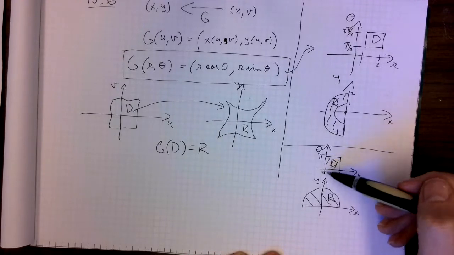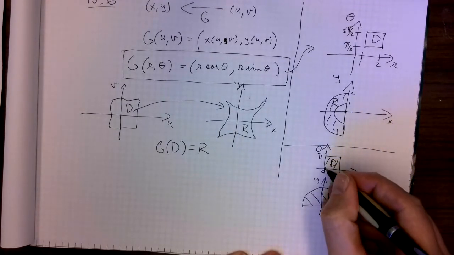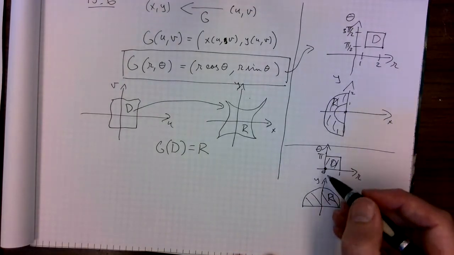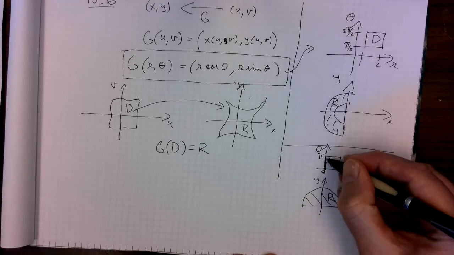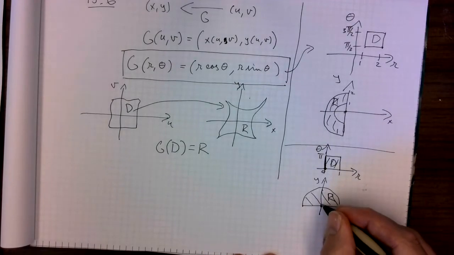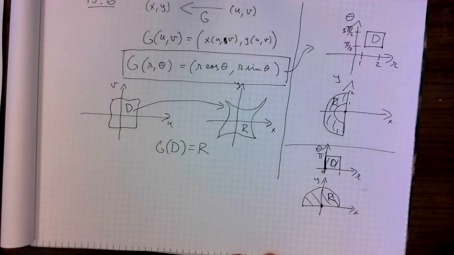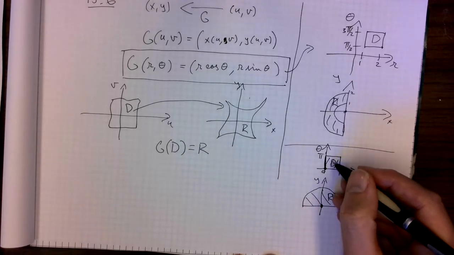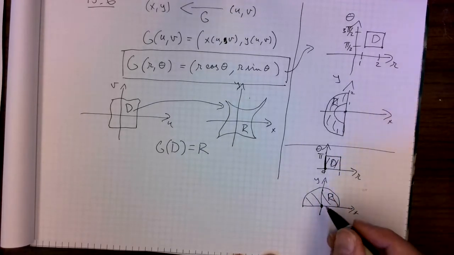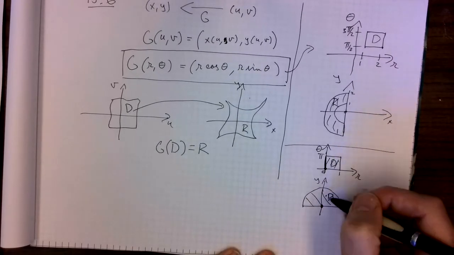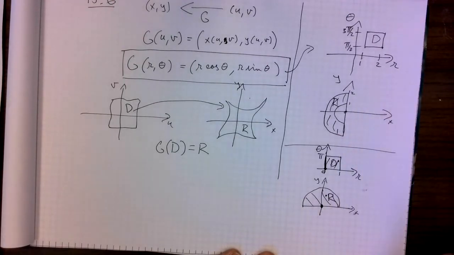So G is going to take this D into this R, but you can see that all these points over here, when r is 0 but theta is anything, they all go to this one single point, right? But as I said, this is on the boundary. It's not going to worry us too much. For any point inside this rectangle, if I look at its image, there is no other point in D that goes to that same point, right?